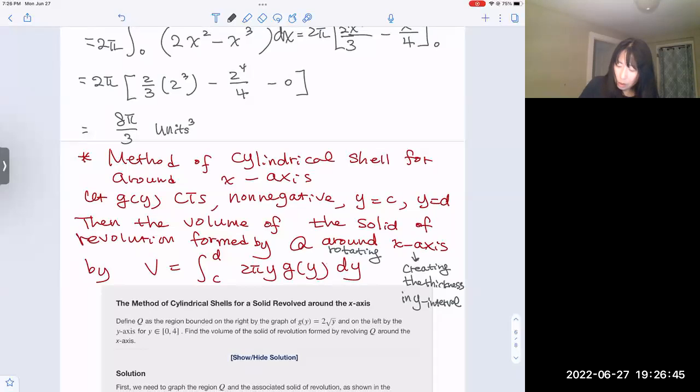Then here again, this is the average of the radius, and so we have the thickness.